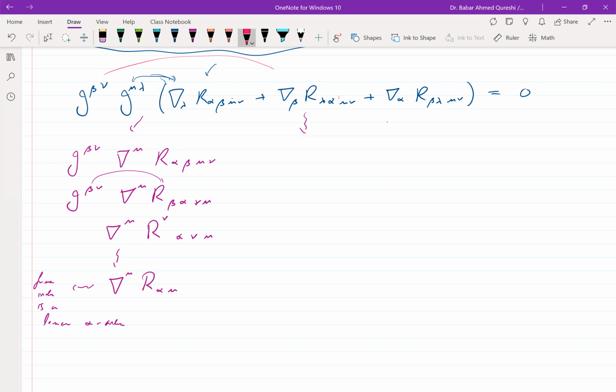So this metric beta raises this g nu, and you have a g mu lambda r lambda alpha mu nu. Now this g just raises this lambda, r mu alpha mu nu.